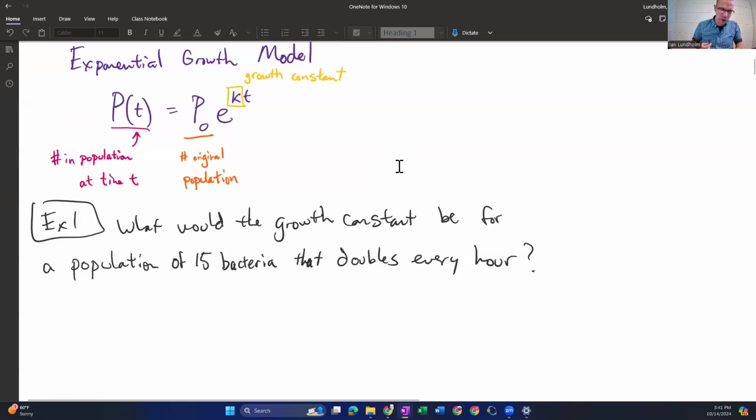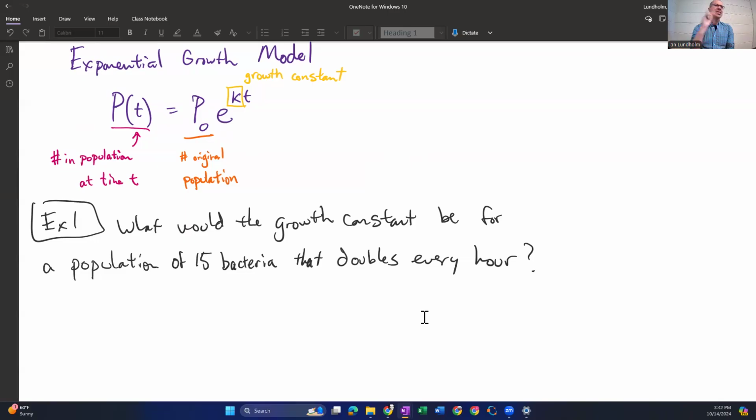Let's go ahead and start trying to do that. You'll notice that we've got something that's e to the kt. It doesn't seem like this matches with doubling right away, but we'll see how that works out.